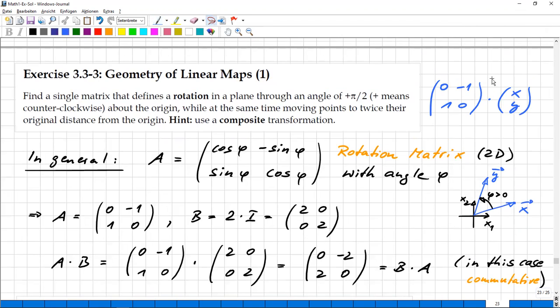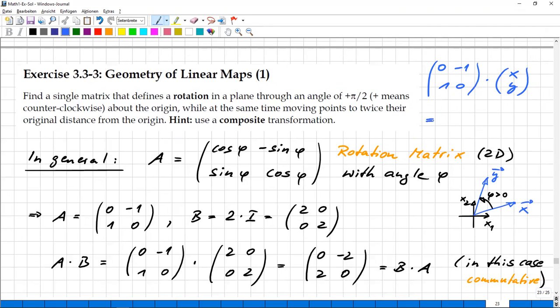Row times column. 0 times x minus 1 times y, so I get sort of exchanged coordinates, but also with the minus sign here. And then second row, first column, 1 times x plus 0 times y.